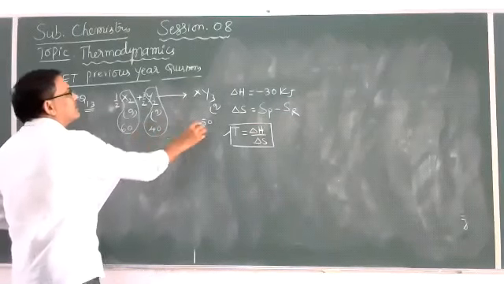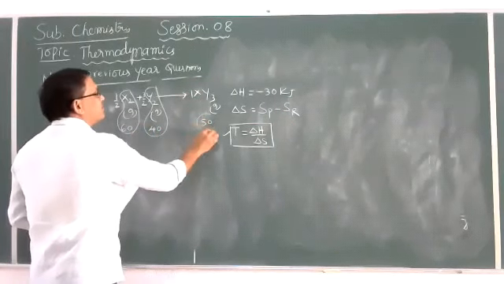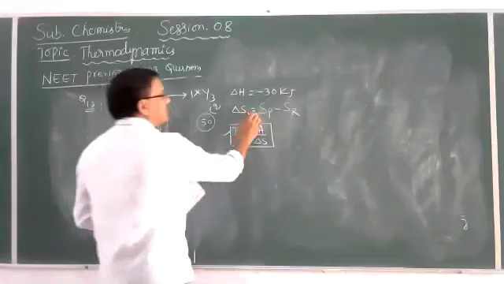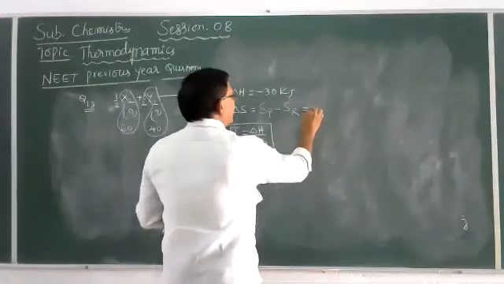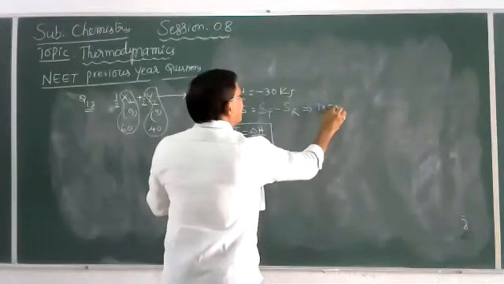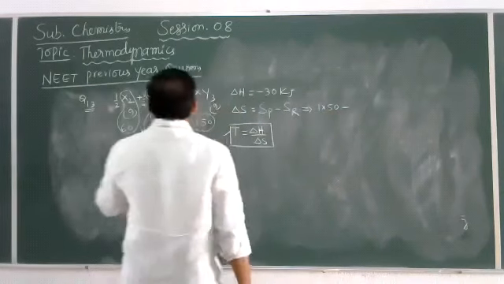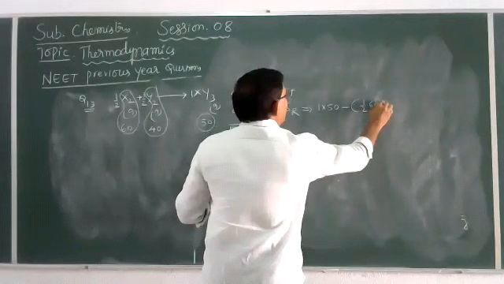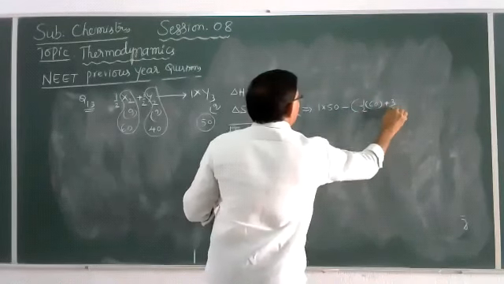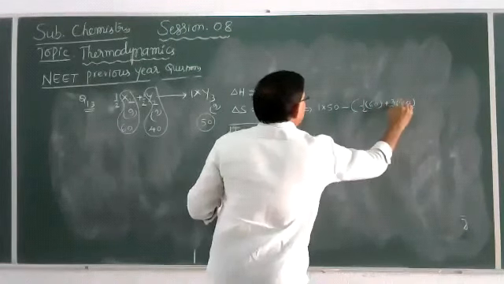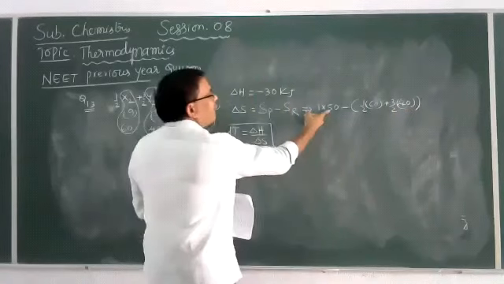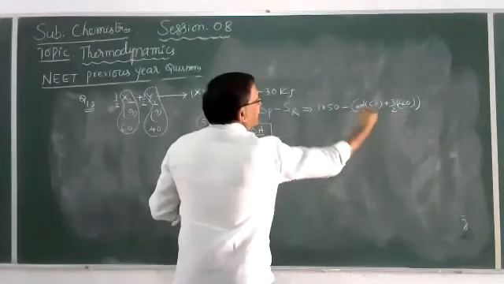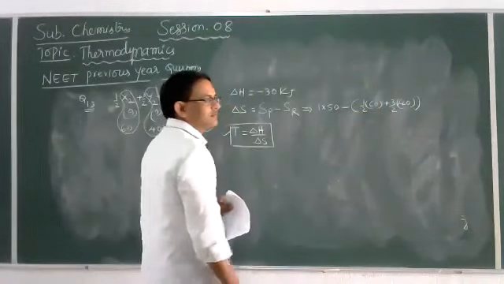That's why we take 1 mole of product. Using this, the product is 1 into 50 minus, 1 by 2 into 60 plus 3 by 2 into 40. This is the entropy of products minus the sum of the entropy of reactants.